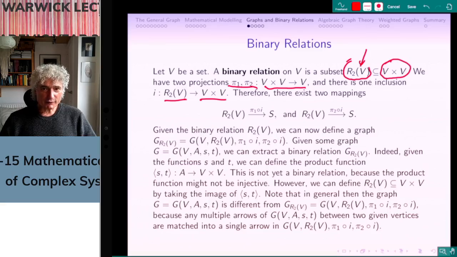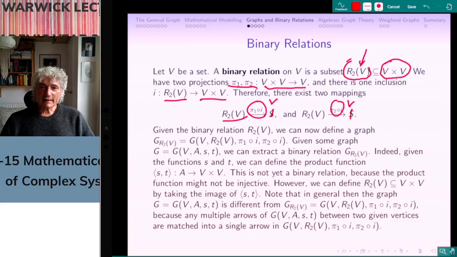We can conclude that there are 2 mappings now from the set of binary relations to the set V. So that is a mistake. That must be V. I apologize for that. And this mapping then is given by the 2 projections, which are chained with the inclusion mapping in this way and in this way.